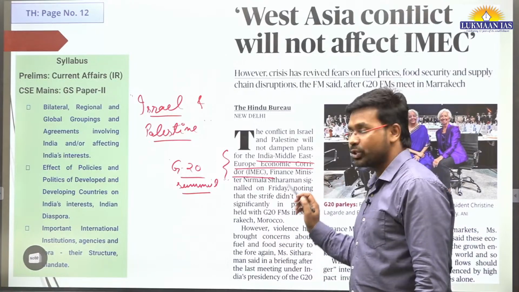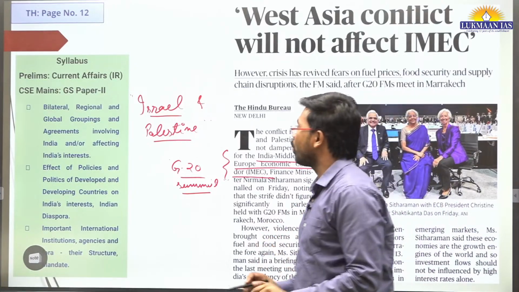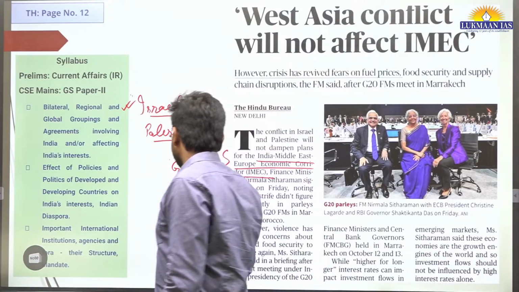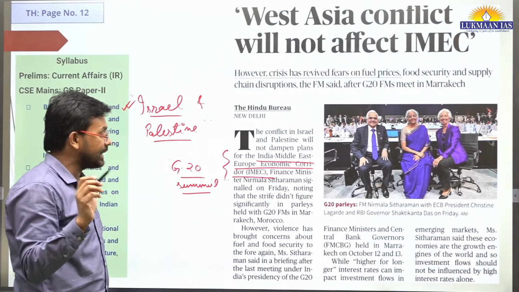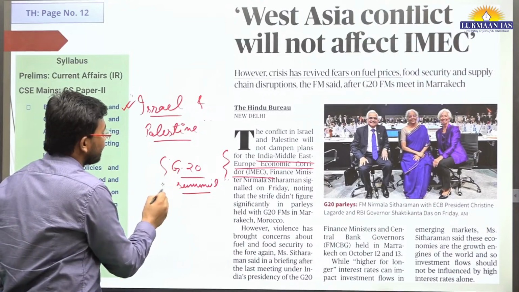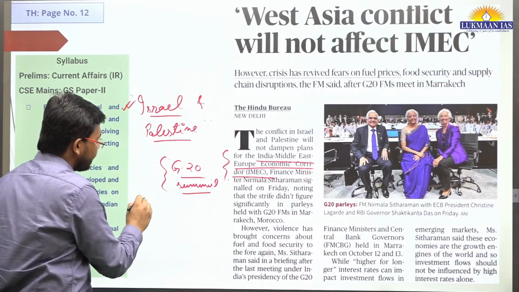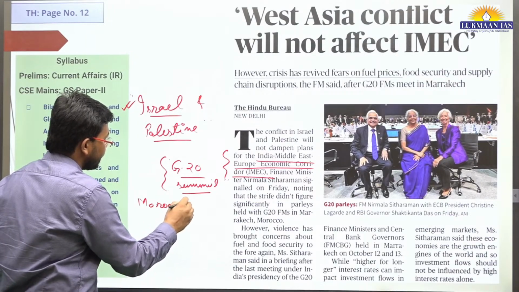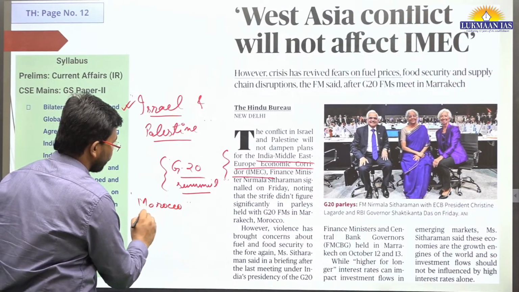But in this route, Israel also has presence. India had the earlier presidency of G20, but that presidency has been handed over to Morocco.